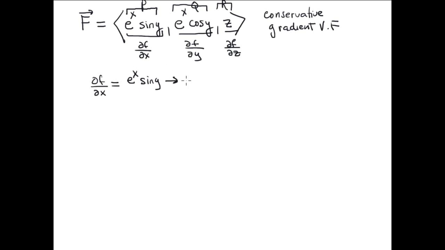If I want to find f(x, y, z), I suppose we have three variables. You integrate, the antiderivative with respect to x, so you take the antiderivative of fx dx. With the antiderivative of this, you consider that sine y is constant, and the antiderivative of e to the x is e to the x sine y.